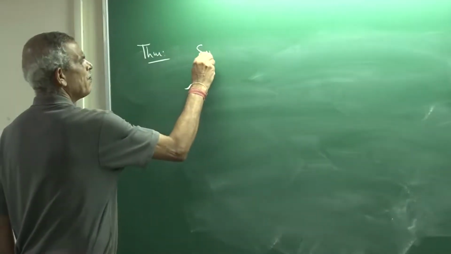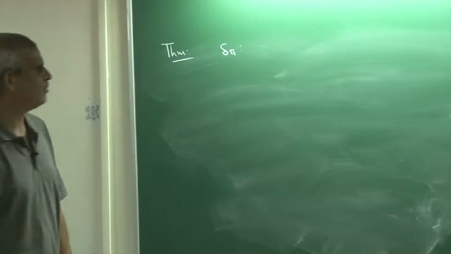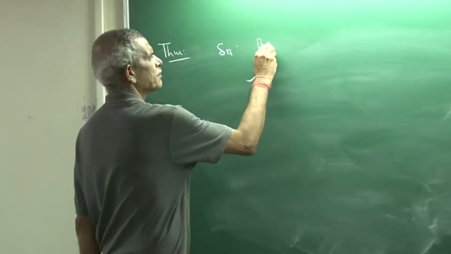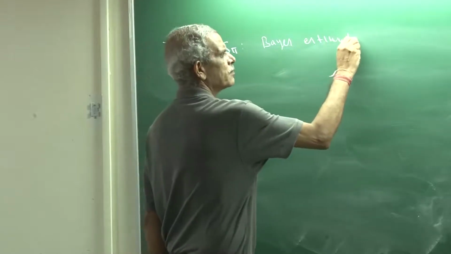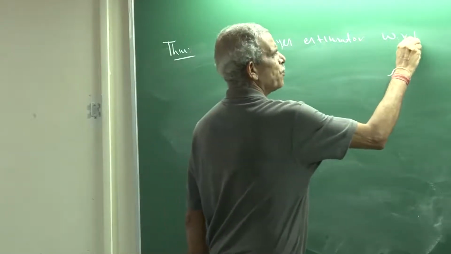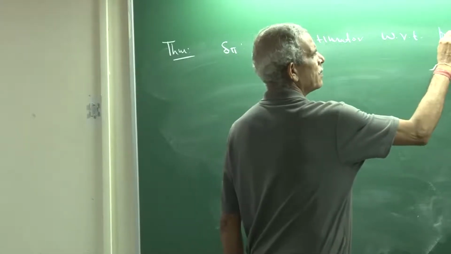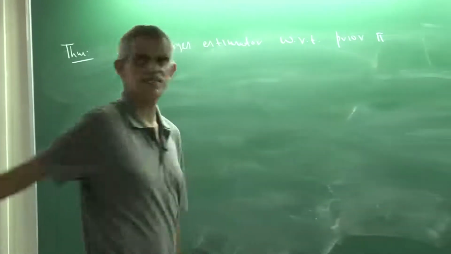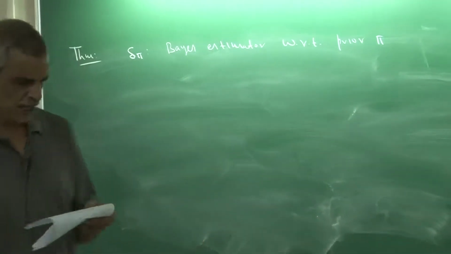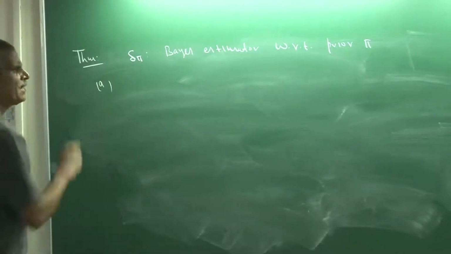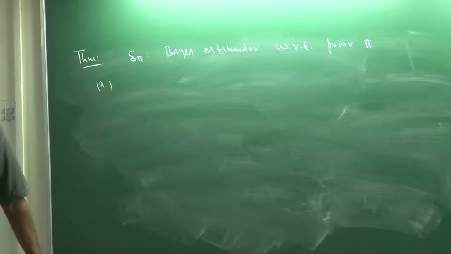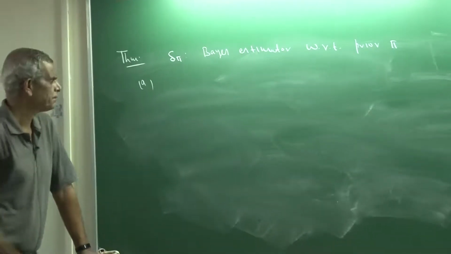So suppose delta pi is a Bayes estimator with respect to prior pi. First part says if this Bayes estimator is unique Bayes, then it has to be admissible.